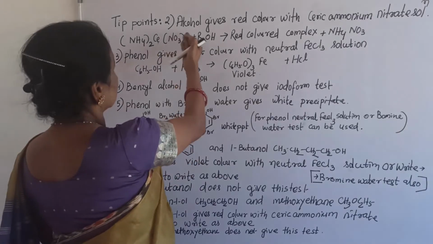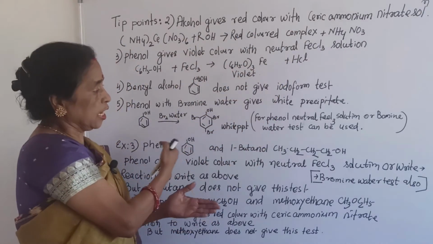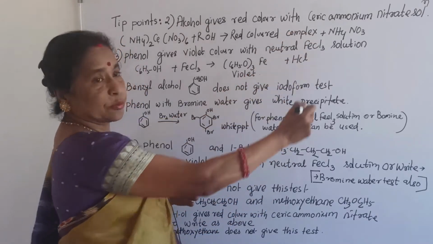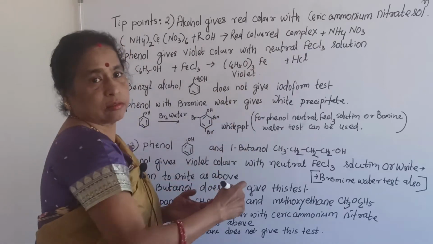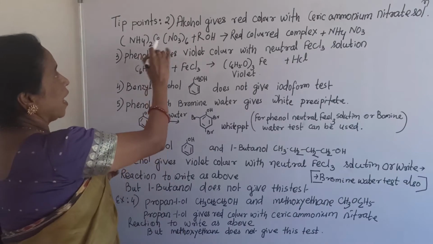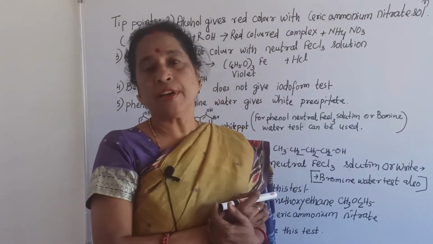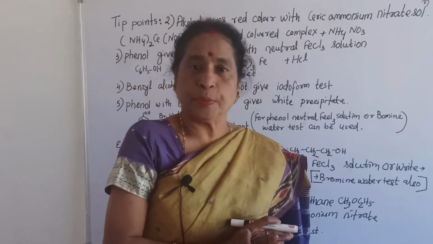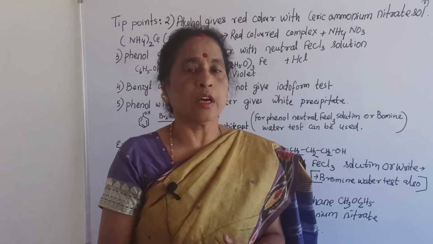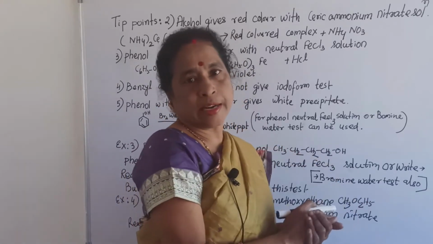I also told you alcohol gives red color with ceric ammonium nitrate. Oppositely, you can write 1-butanol is an alcohol, and when treated with ceric ammonium nitrate, it gives the red color complex, whereas phenol will not react with ceric ammonium nitrate and can never give a red color. It is your choice. If you know the reaction, the color, the precipitate, immediately think for yourself and write the answer.